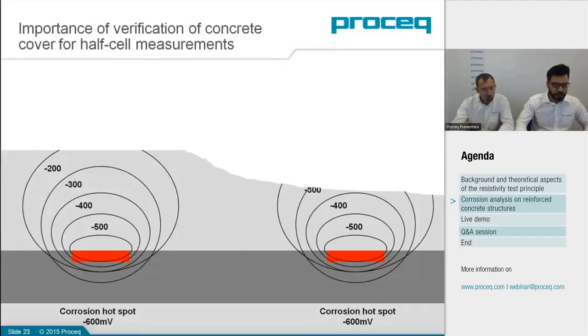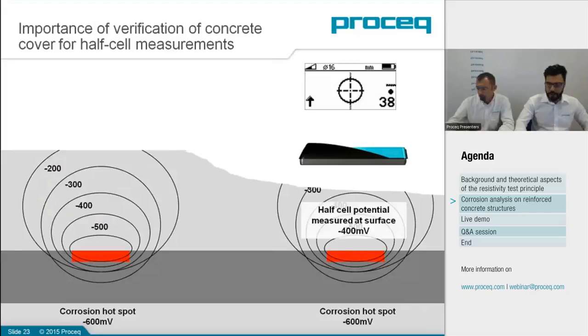But just to give you an example of what difference cover can actually make to your reading. In this graph, as you can see over here, we're dealing with two corrosion hotspots, both indicating a negative potential. When we do a cover reading over here, you can see that our half cell potential is measured at about minus 400 millivolts.